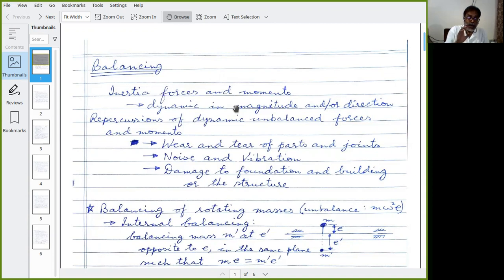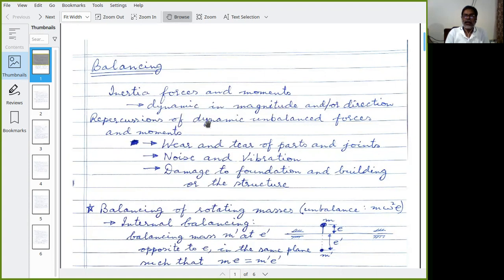And what is more dangerous compared to the forces and moments that are transmitted to the foundation in the case of structures is that here the forces and moments getting transmitted to the foundation are dynamic in magnitude and perhaps also in direction. It may be that the magnitude is changing, or it may be that the magnitude is the same but direction is continuously changing.